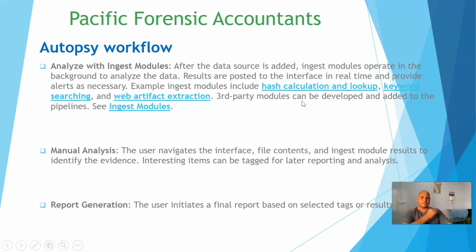And I've already explained what hash calculation is. If we are going to repeat here, it's the unique number that's generated from the capacity of any suspect's hard drive or smartphone, for example. That hash number will never change.